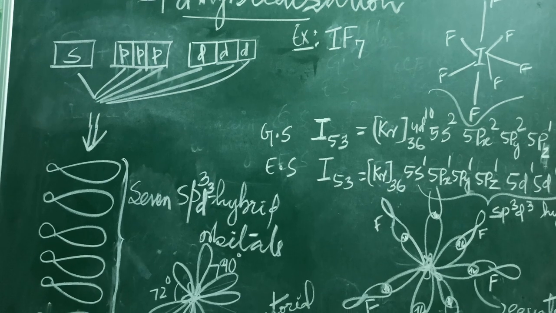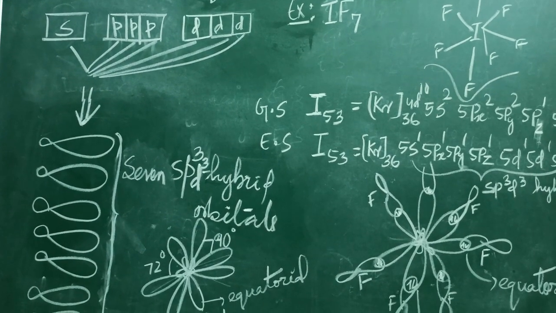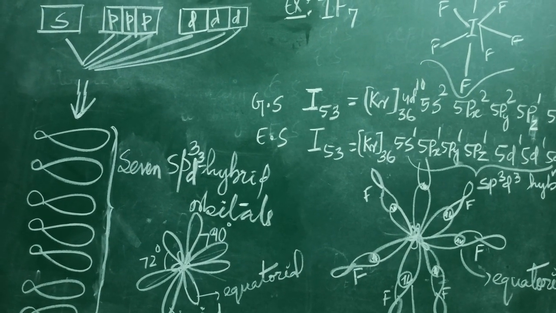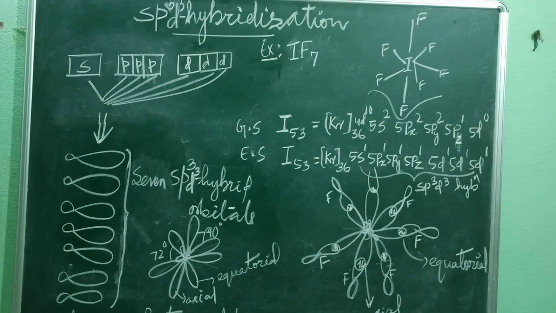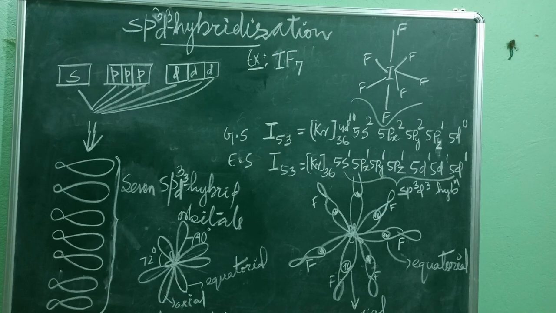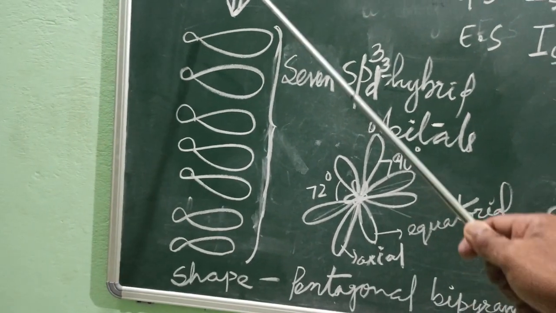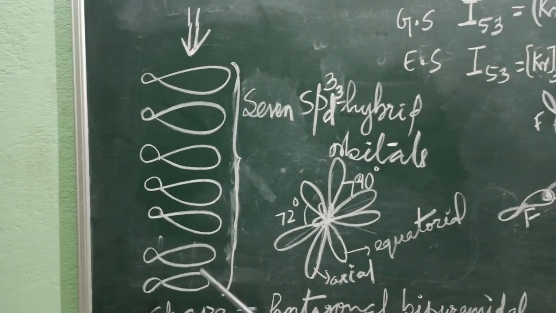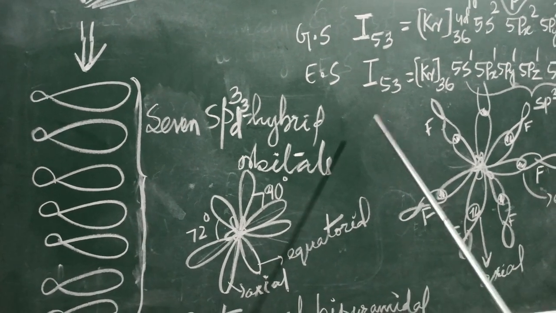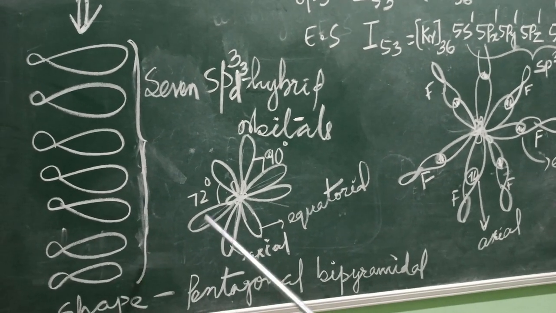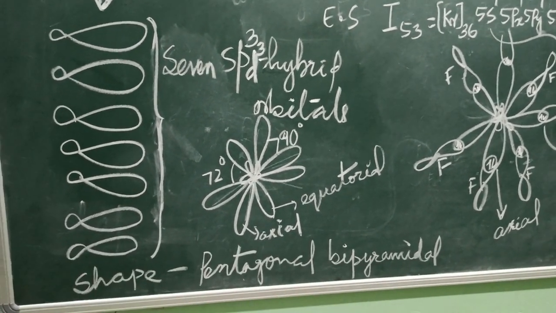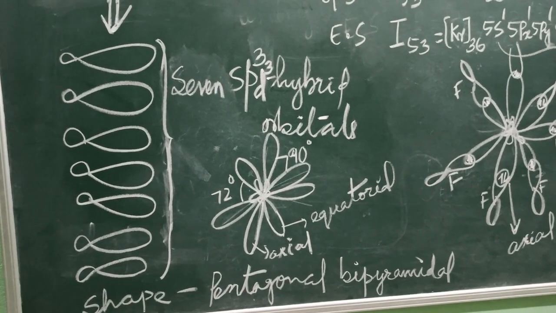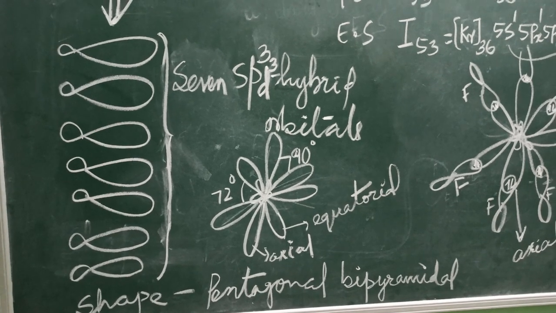In sp3d3 hybridization, you see how 7 orbitals get intermixed to give 7 sp3d3 hybrid orbitals. Since 7 hybrid orbitals are there, they tend to remain at maximum distance apart.